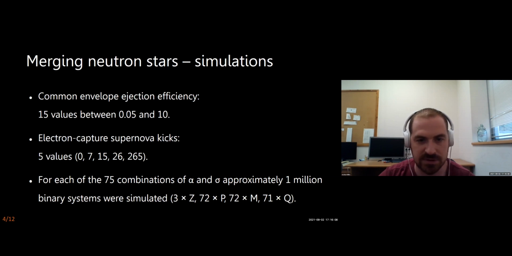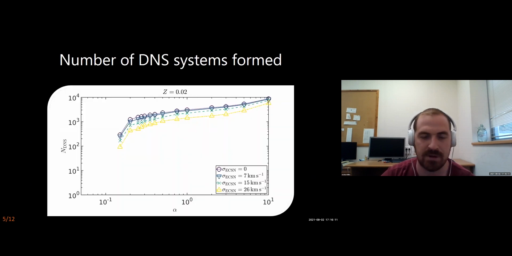Okay, so now for some results. So here we see the number of double neutron star systems which are formed in several grids. This is for the highest metallicity, 0.02, that we ran, and for 4 different kick velocity dispersions. And what we can see is that as a function of the ejection efficiency, we have more double neutron star systems formed.